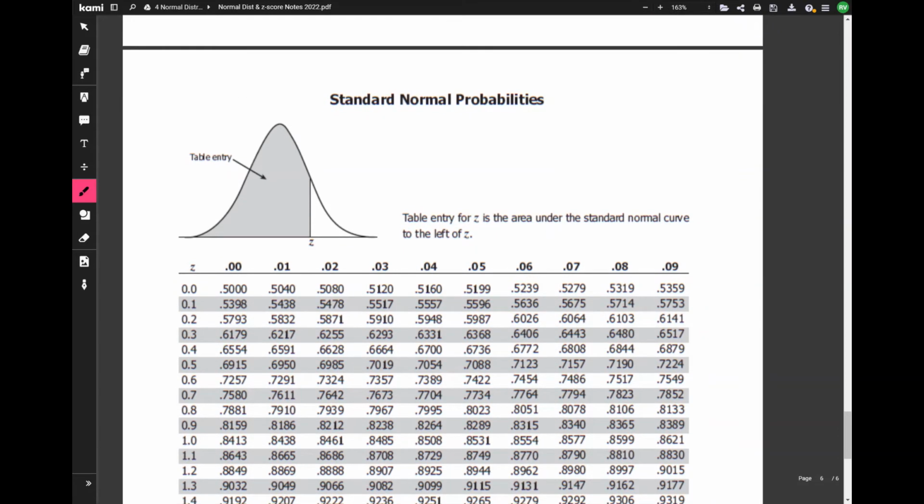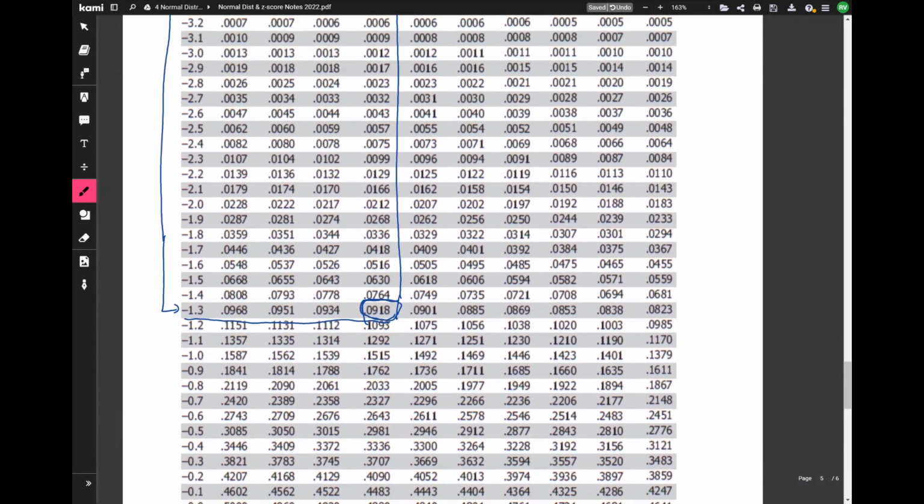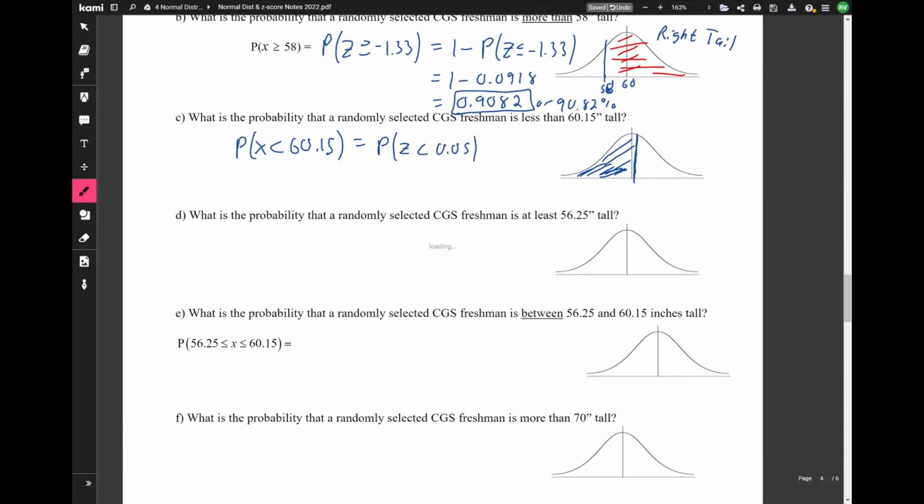And we go to the first row, and we stop here at 0.5. So it's that number, 0.5199, or 51.99%.